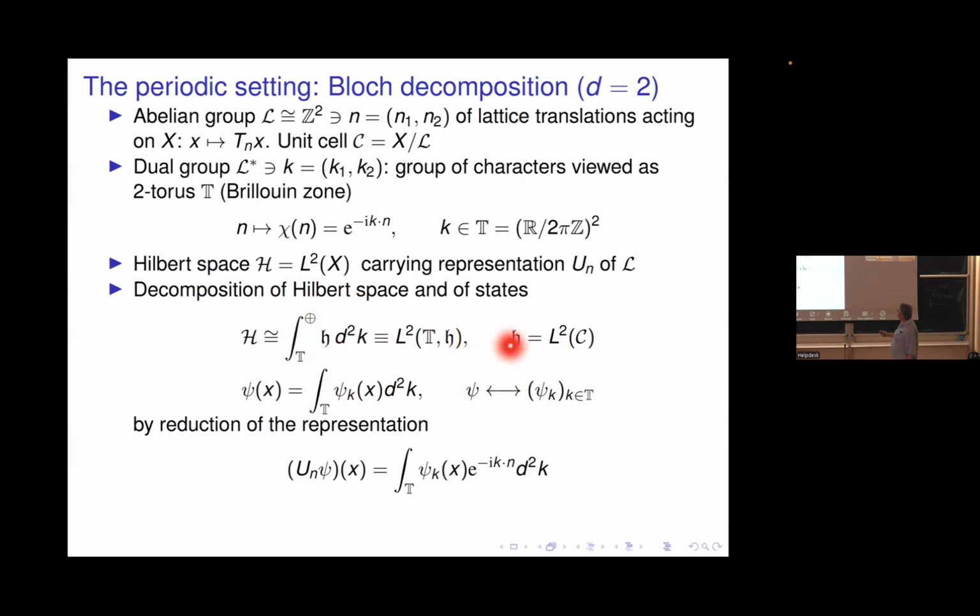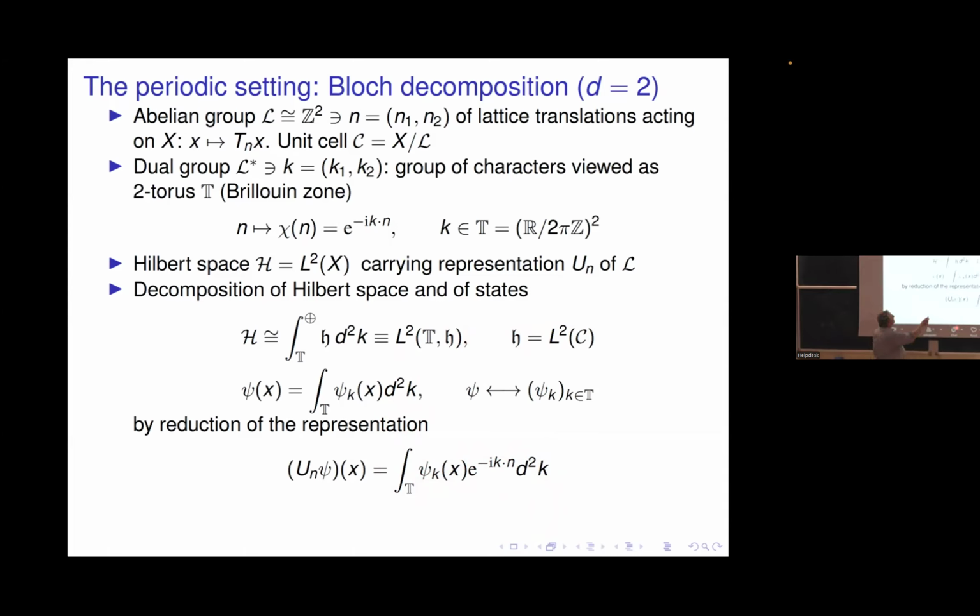What is little h there? That's just L2 of the unit cell, because the wave function that corresponds to the irreducible subspace of character k is fully defined by its values on the unit cell itself, because as you explore other regions or cells, it just changes by this factor under a translation.